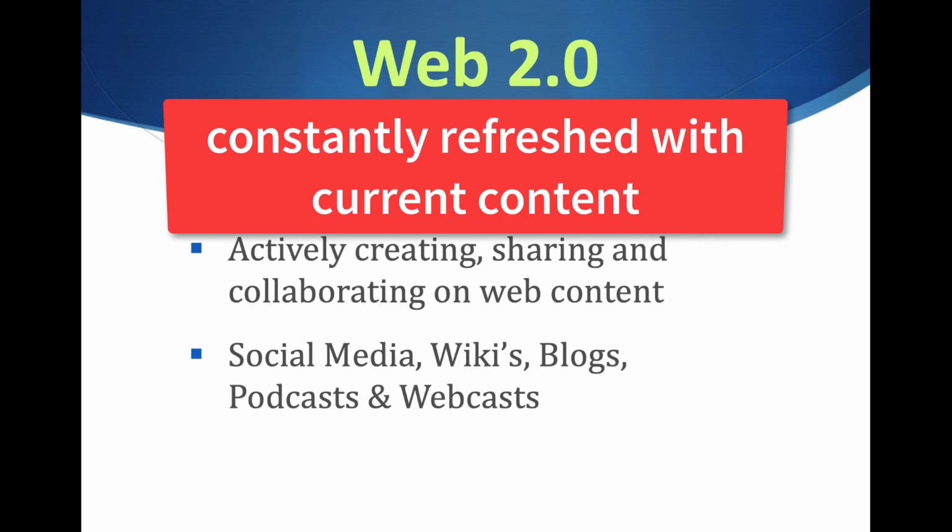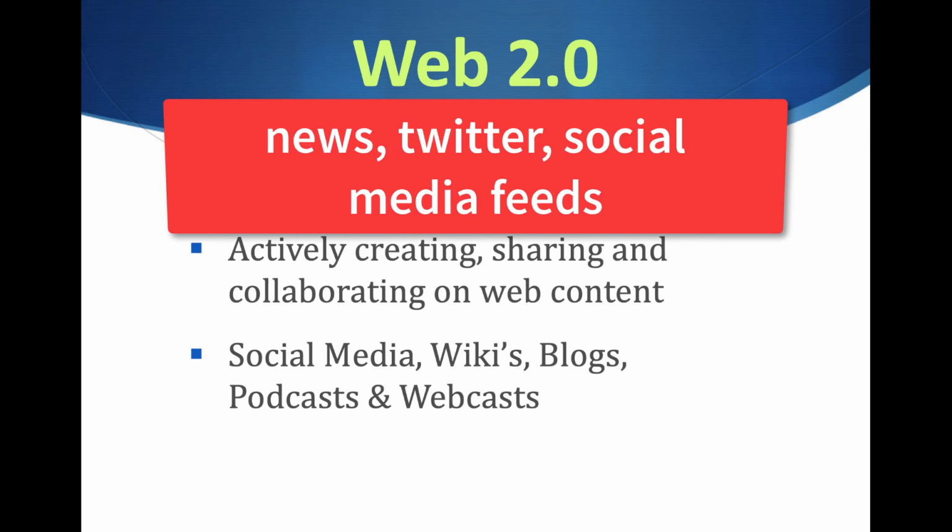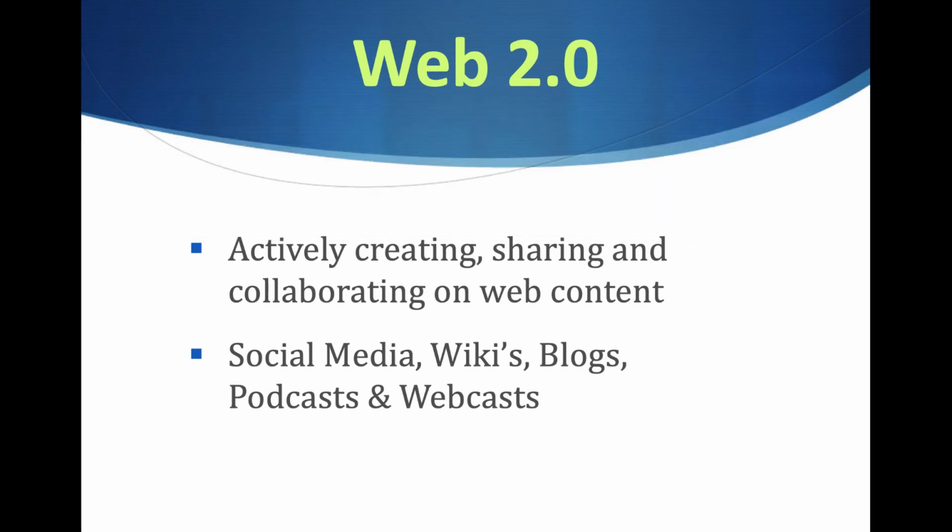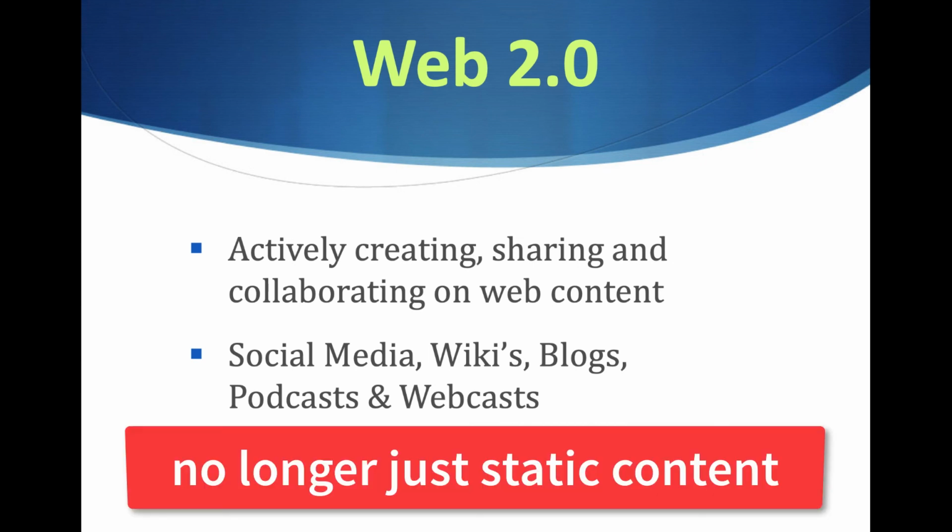They're getting feeds. Facebook is getting new information in it. People can add things to it and post things and all that kind of stuff. Podcasts and webcasts, wikis and blogs. Even those are getting a little outdated. But everything you see on social media, Web 2.0, meant that everything was kind of interactive. It was dynamic. It was no longer a static web page just sitting there. No one has just a static web page.